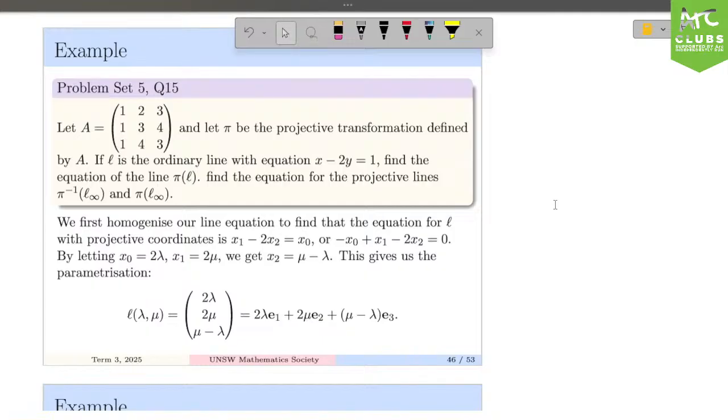So now, when we apply the transformation on this parameterization, we have linearity.